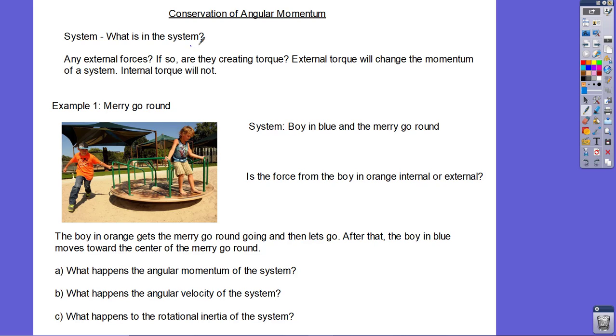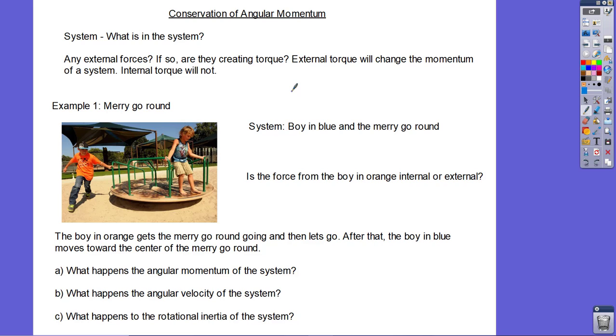You want to think about what is in the system. Those are the objects, so there's usually more than one. Think about external forces, any forces that come from outside the system, and if so, are they creating torque? If there's an external torque, that will change the momentum of a system. An internal torque will not.